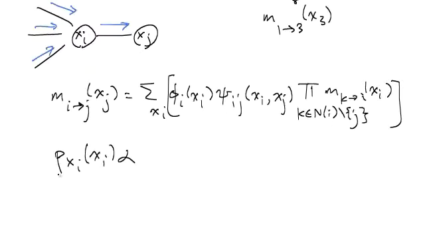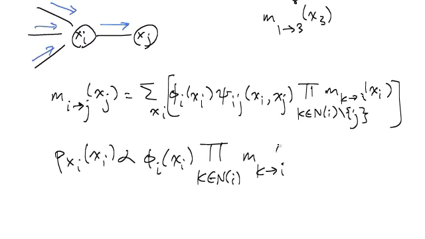So in general, the marginal at xi is just going to be proportional to the node potential at xi times all the incoming messages, the message from k to i of xi. And that's it. This gives you the sum product algorithm, which computes all the node marginals for an undirected tree graphical model.